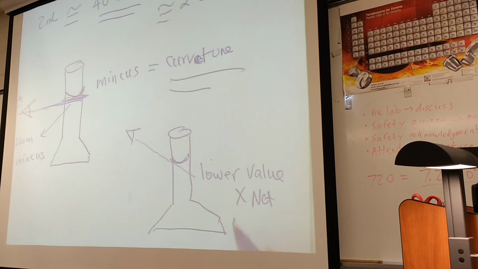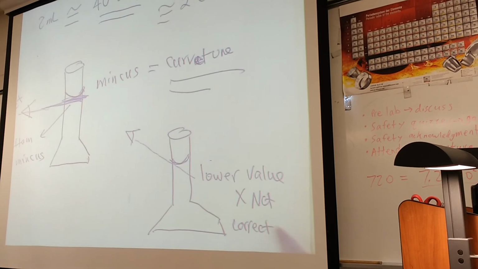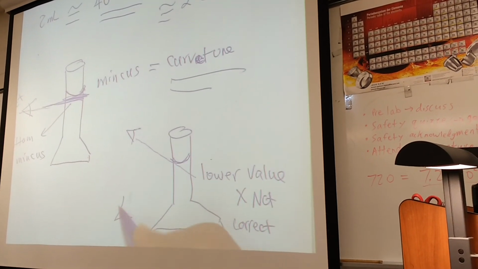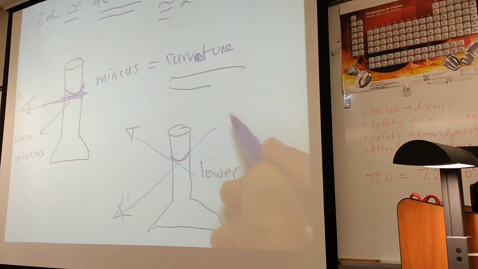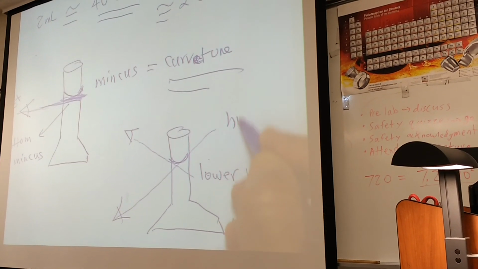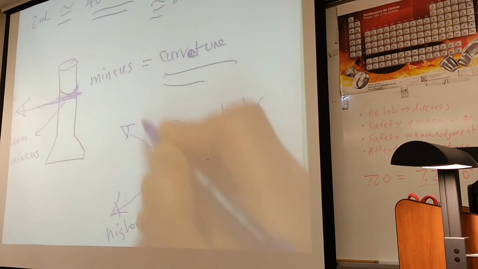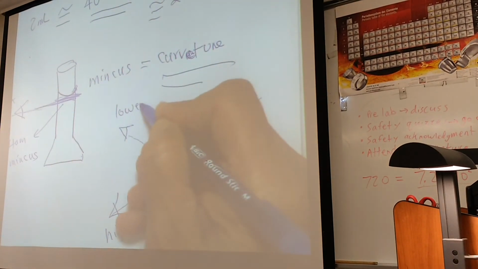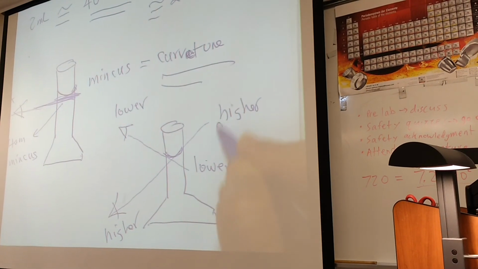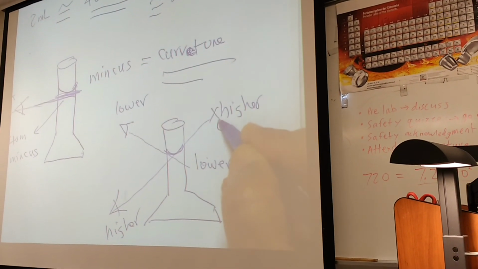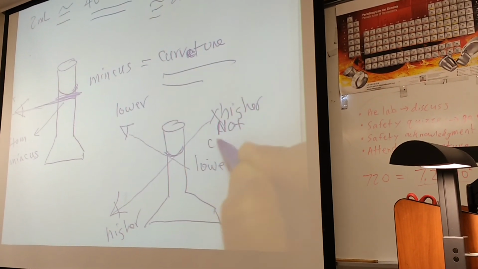Everybody's following? If I come back and put my eyes here, then I read what? This is higher. So this is higher, and this is lower. And this is not correct either.